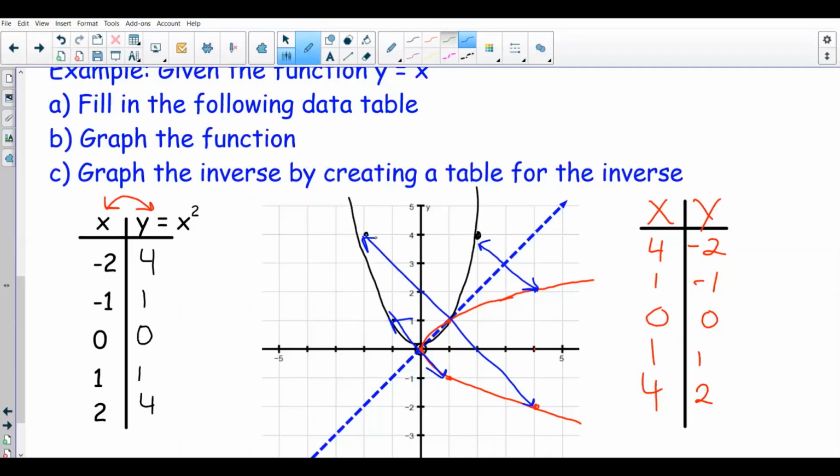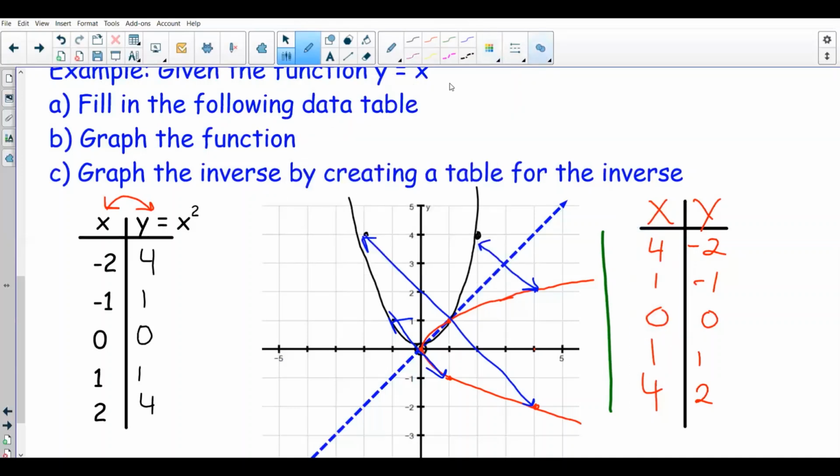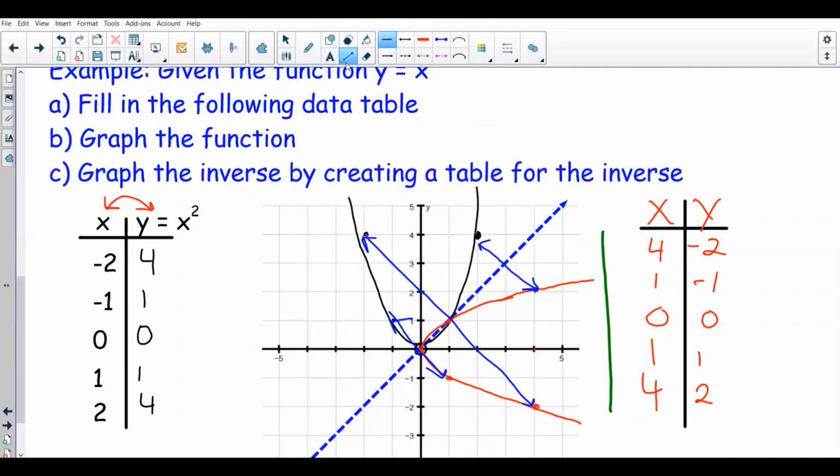Now, we'll switch to green. Actually, let's just draw a line on here for a second. If I draw a line, oh, that did not do what I wanted to do. One moment. Oh, I'm still on the pencil there.